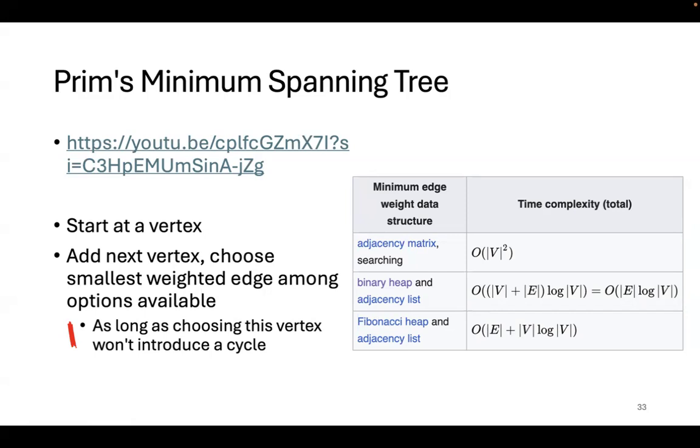So for Prim's, the idea is we have to start somewhere. So we choose a vertex and we choose the smallest weight possible that we can find around it, then add that smallest vertex, as long as it doesn't introduce a cycle. That's the idea for Prim's.